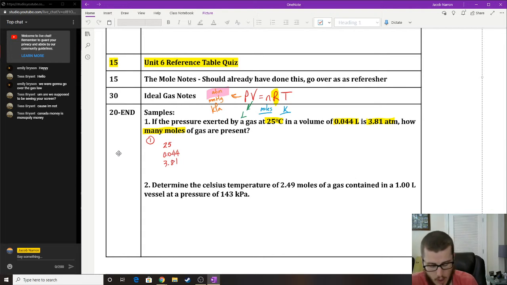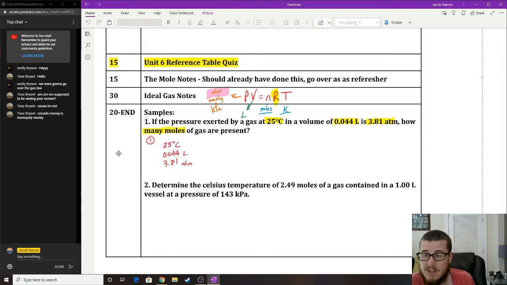First of all, 25 what? Watermelons? We have no way of knowing because you didn't write the unit next to it. Is it $25, or is it 25 maple syrup dollars, which mean nothing? You have to know what the units are. So this is going to be 25 degrees Celsius, 0.044 liters, and 3.81 atmospheres.